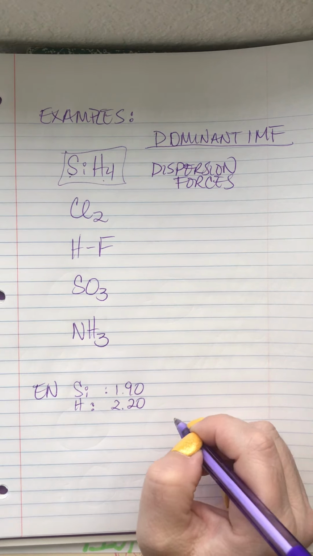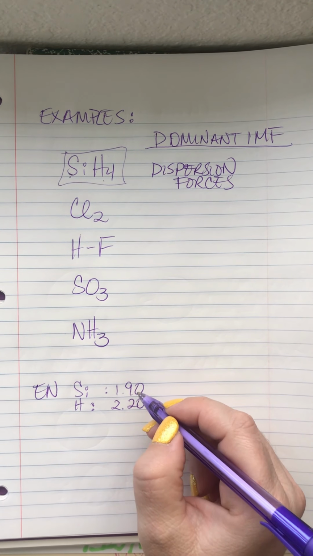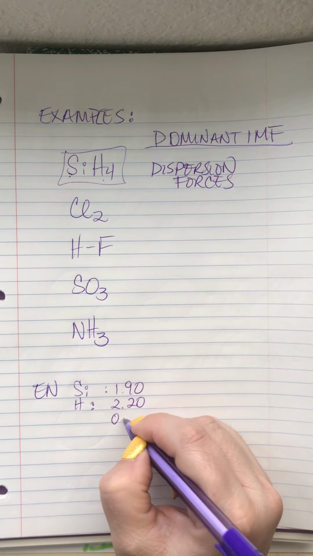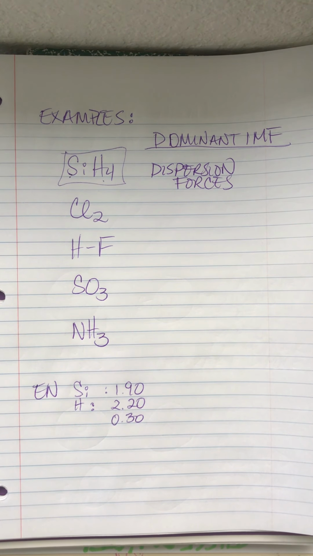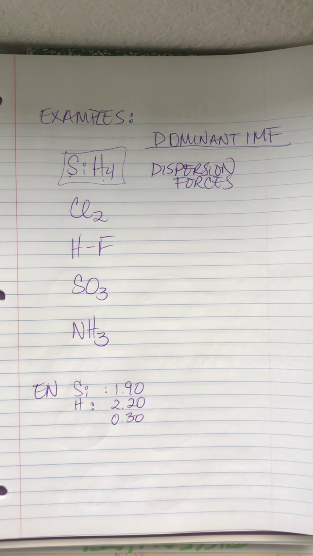So the difference in electronegativity between these two is 0.3. So this is a relatively nonpolar bond. It's actually less polar than carbon and hydrogen. Again, that's an exception. I wouldn't give you that on a test, but I'm just trying to get your gears turning, okay?